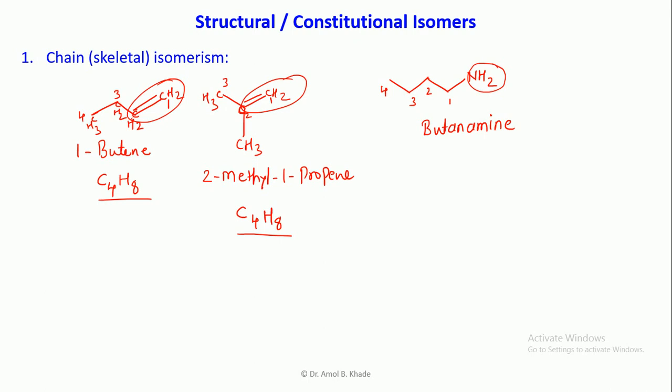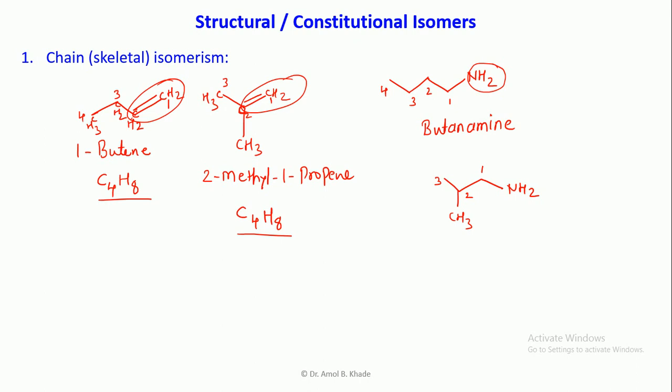Okay, so what I can do, I can arrange the structure in this way. This will be NH2, and let's say I have attached one methyl group here. Okay, so this will be carbon 1, carbon 2 and carbon 3. So I have attached the methyl here, so this will be CH3.